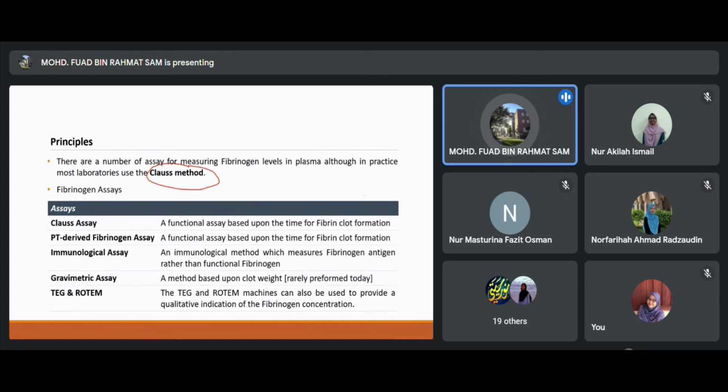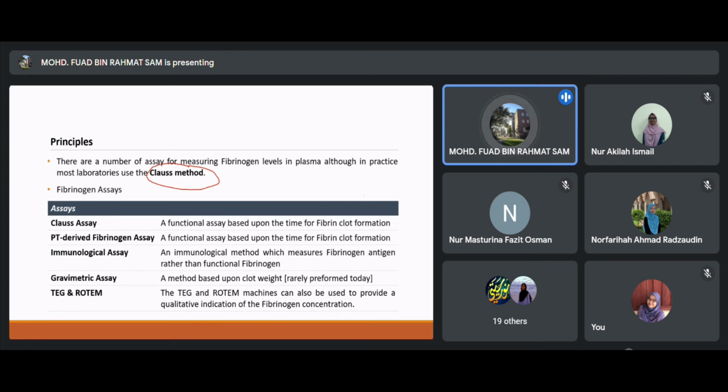So basically, this Clauss fibrinogen assay is quantitative, is clot-based, is a functional assay, and basically this clot method measures the ability of fibrinogen to form fibrin clot after being exposed to a high concentration of purified thrombin.